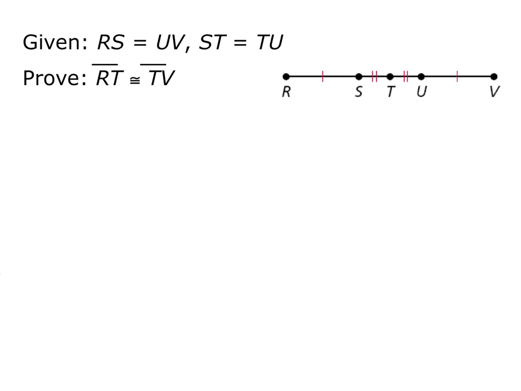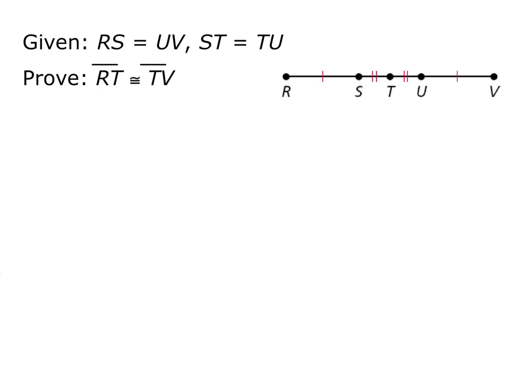And there's a picture to go with it to show you how we want the points organized. The tick marks were put on here to match the given. RS and UV have the same tick mark. ST and TU have the same tick marks. And out of that given information, we want to come up with proving that RT is congruent to TV.